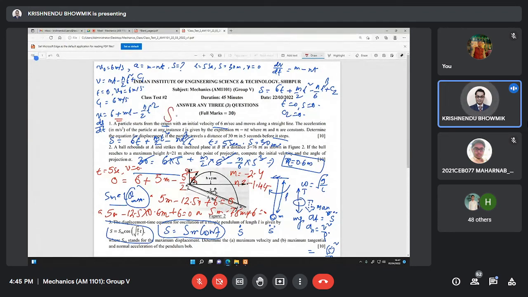Hence s equal to 60 minus m by 2. m is minus 2.4, so this is minus 1.2 t square, minus n t cube by 6. n is once again minus 1.44, minus minus plus 1.44 by 6.